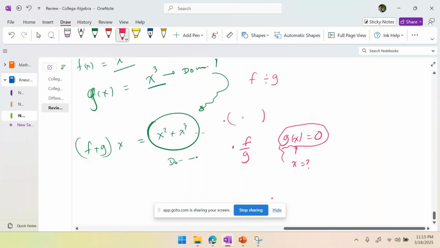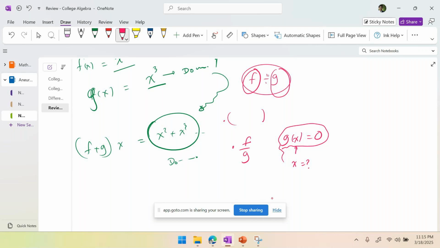So if you are finding the domain for a division, first of all find the common points in this domain versus this domain, and then remove all the x values that make the denominator 0, and the resulting set will be the domain of f divided by g.